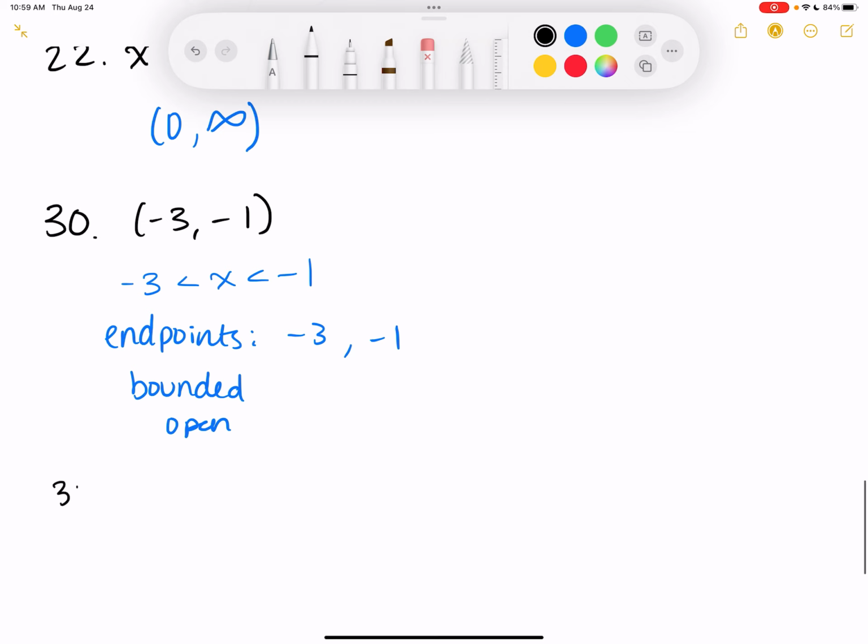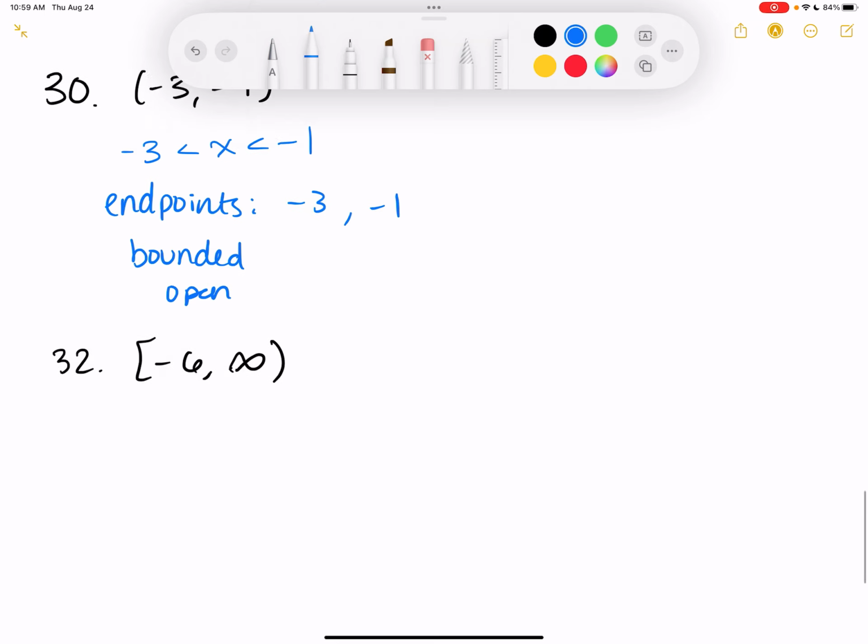How about 32? We got a bracket, -6 to infinity. What is inequality notation for this one? -6 is less than or equal to x. Yeah, I'm going to write it this way because I like the variable on the left, but yes, same thing.